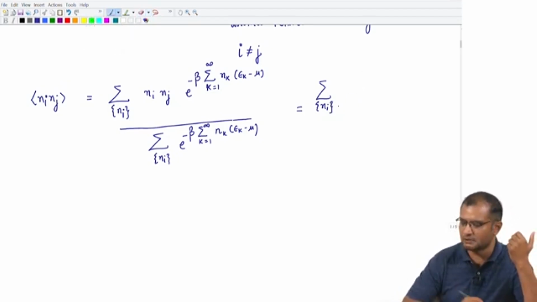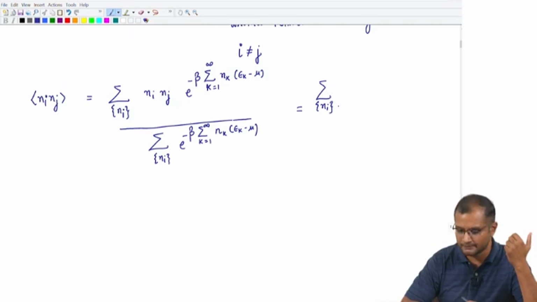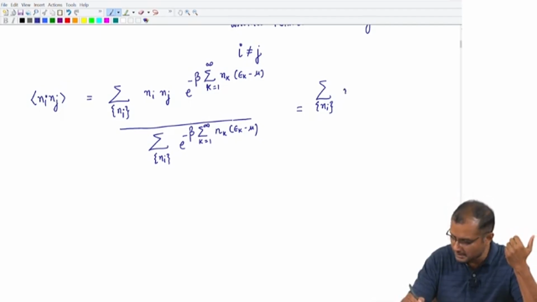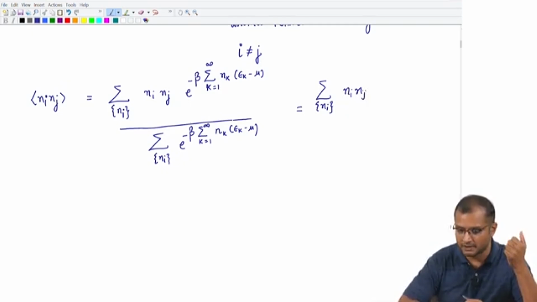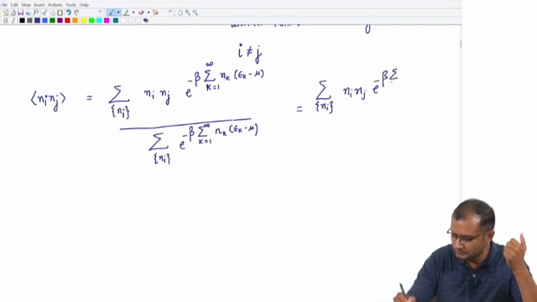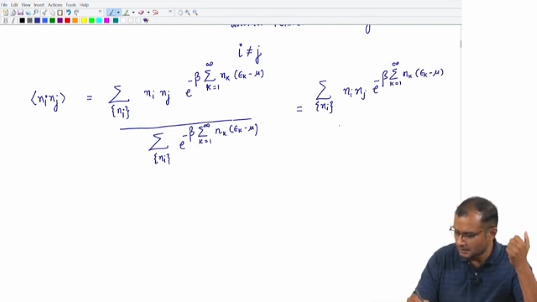So, this is summation over all the possible microstates, the set of Ni's, that is my microstate, my variable Ni and j, the product of two random variables, e to the power minus beta, divided by my grand partition function.